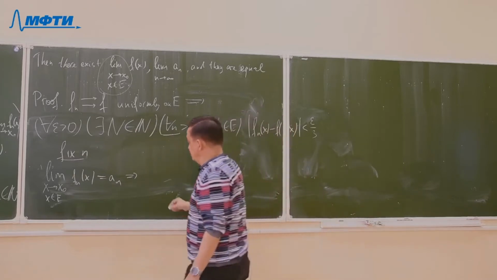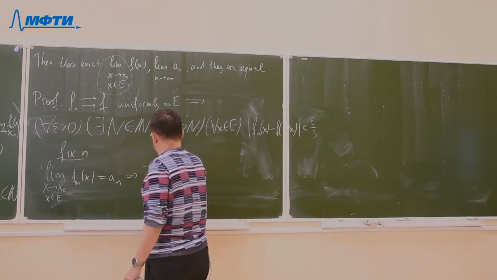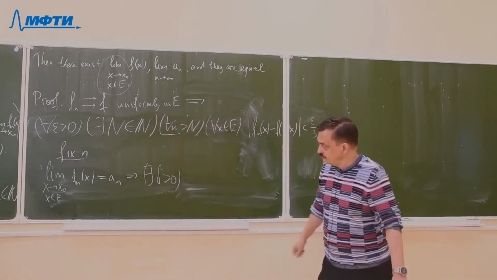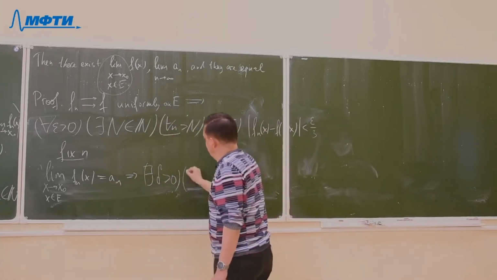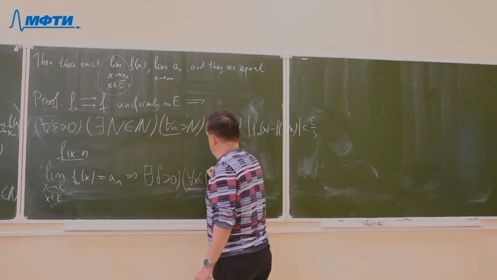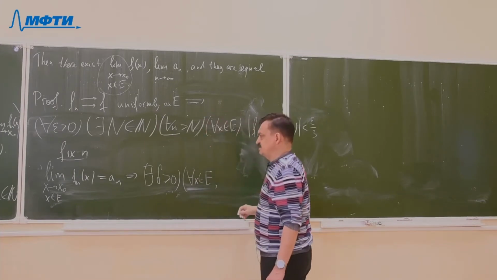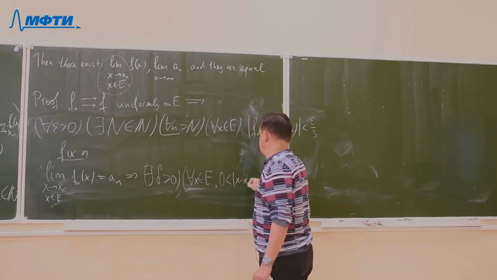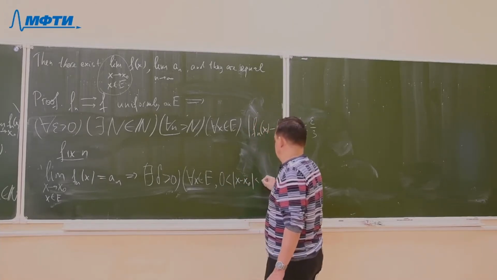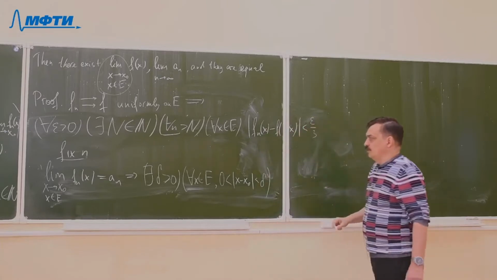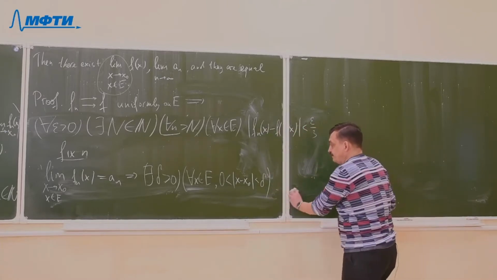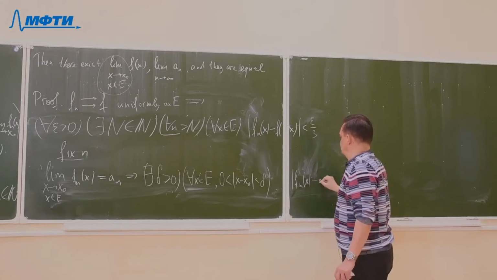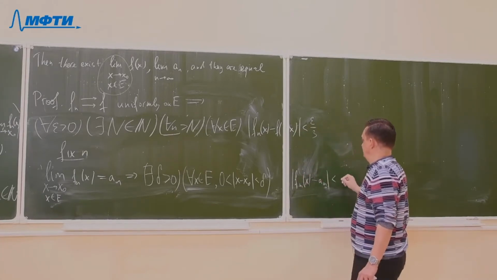So there exists a delta greater than 0, by definition of the limit, such that for all x in E which satisfy the inequality 0 less than |x minus x naught| less than delta, we have the inequality |fn of x minus an| less than epsilon over 3.